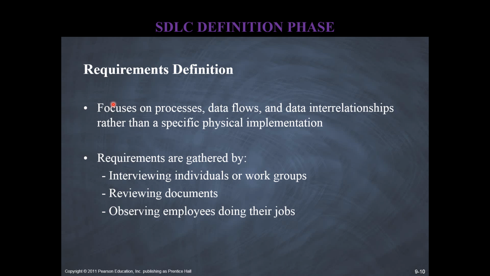So you don't ask users at this stage, I don't know, what kind of interface you prefer to use. Do you prefer to interact with the system through a mobile phone or laptop? Because that's not the goal of the stage. The goal of the stage is to formulate and capture business requirements. So that's why the focus here is on processes, data, how the data flows, how data is related or interrelated, rather than any specific implementation.